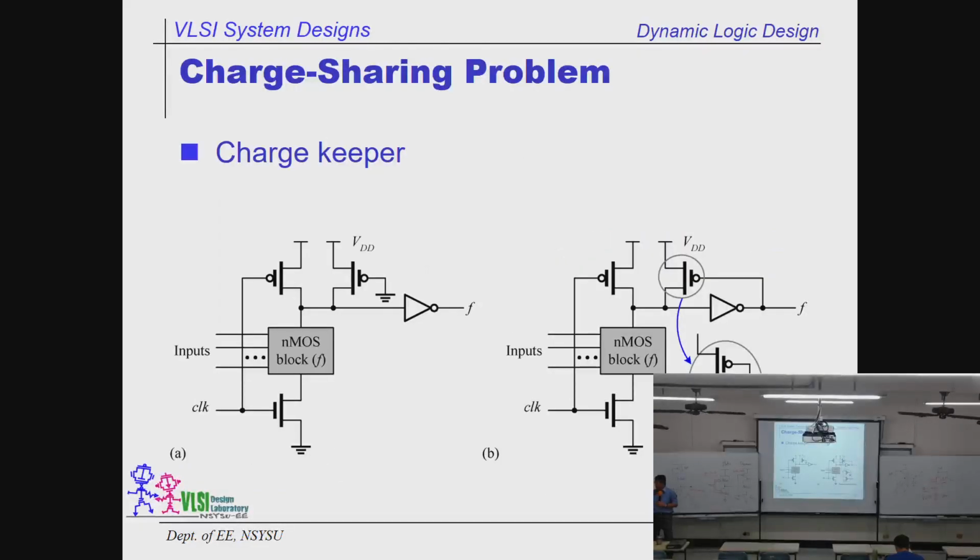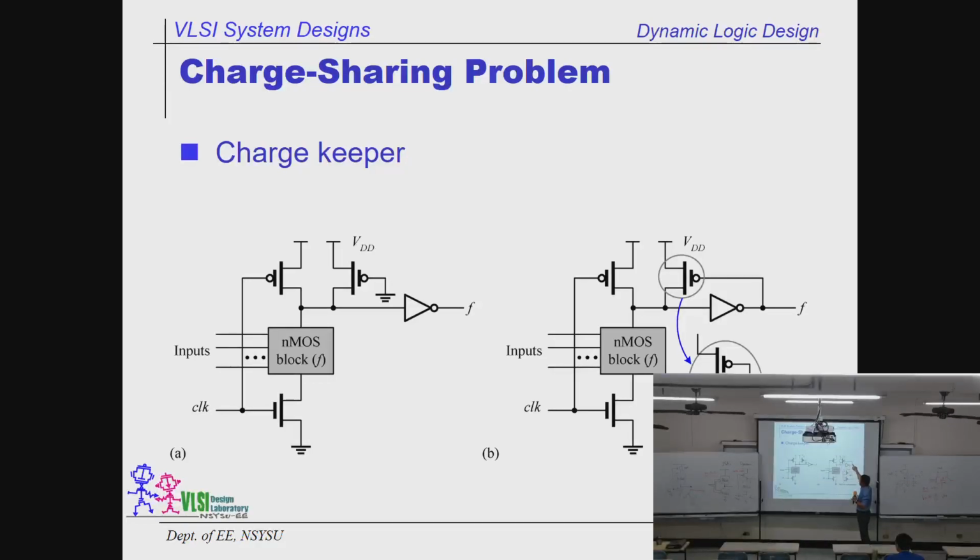Okay. Another way to solve the problem is using the keeper design that we apply in the PTL. The first one is that we use a single teeny tiny PMOS, which is always on. But this kind of solution costs DC power, so it's not welcome. But here, this is another solution.